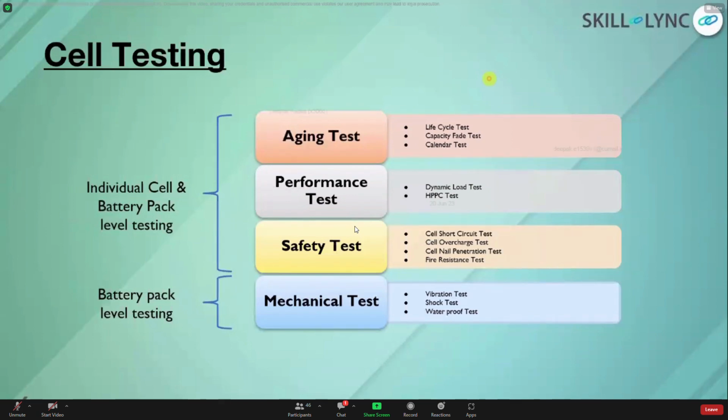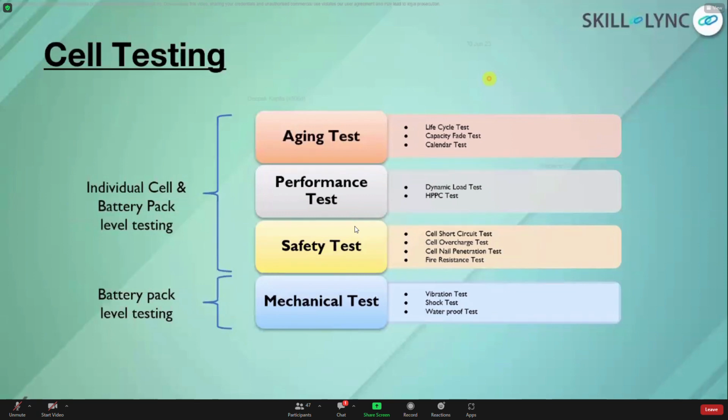Under the safety tests category, we have 4 different types of tests mainly done. The first one is the cell short circuit test. Second, cell overcharge test. Third, cell nail penetration test. And lastly, fire resistance test. Once it is done, we'll move on to the last category, which is mechanical test.